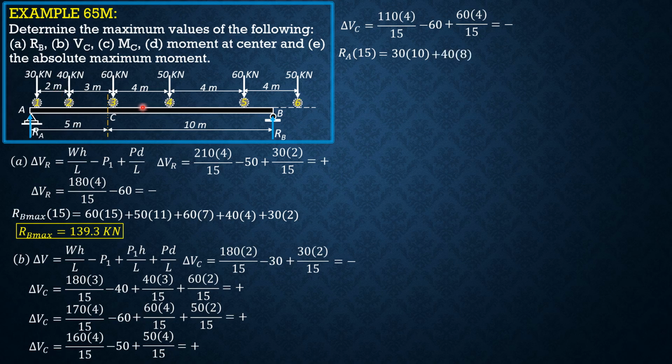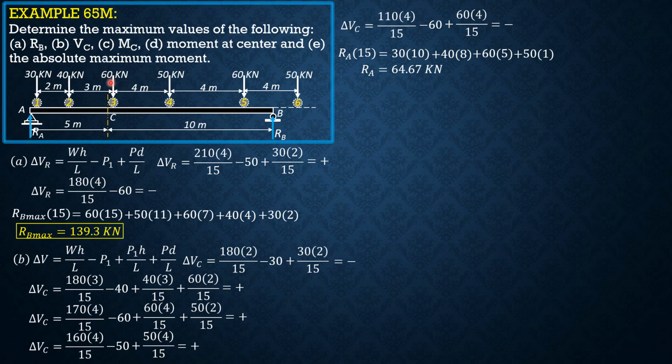So that load 2 will be somewhere here, 2 meters from C. So that's why its moment arm from B is 8. 8 minus 3 is 5, so plus 60 times 5. Then 5 minus 4 is 1, so the 50 kN load will be 1 meter from B, plus 50 times 1. So RA is 64.67 kilonewtons.